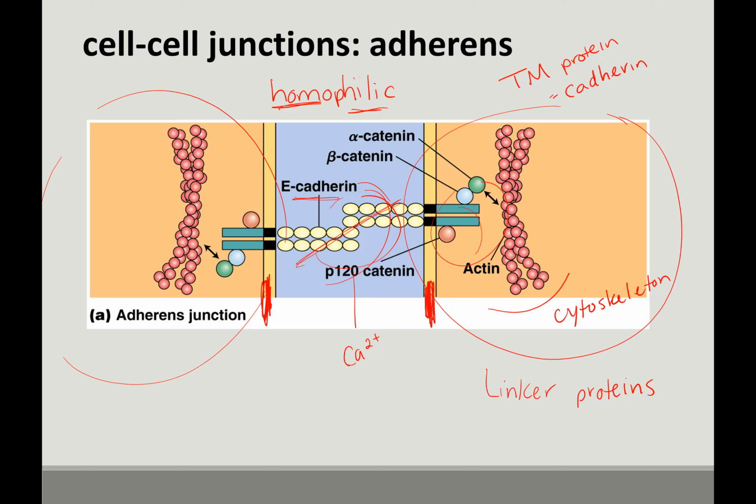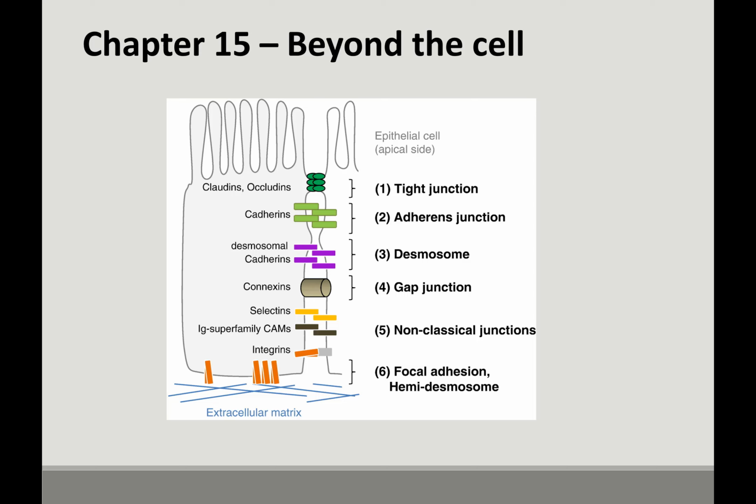Adherens are found as a continuous belt around the apical side. So up here, when we talk about things that are polarized, right? Polarized means it has two different ends. So an apical side, and down here would be the basal side.